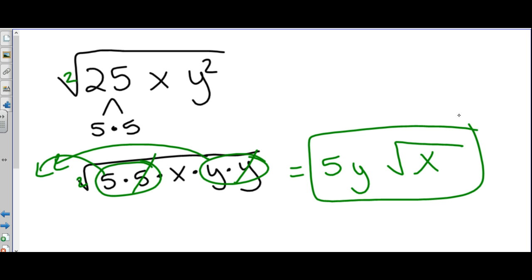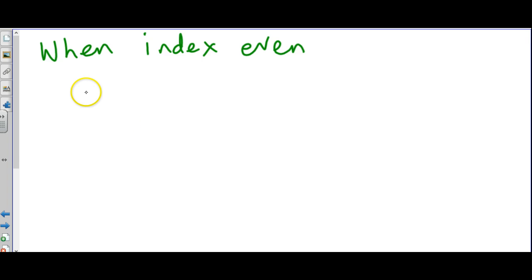Now there's another special thing we have to worry about when our index is even. You cannot have the correct answer come out unless you use absolute value signs for some of these. And here's why.